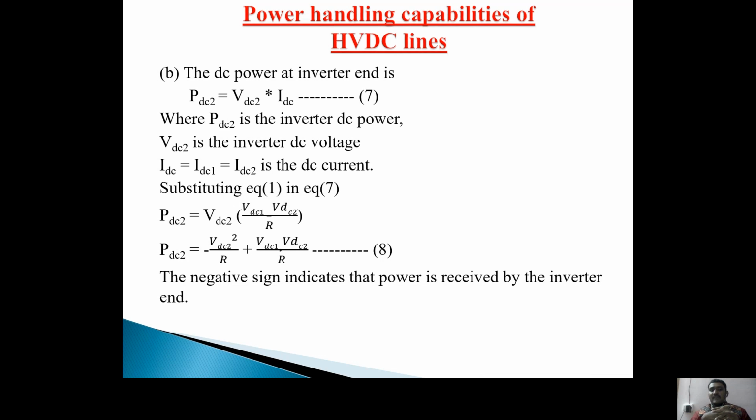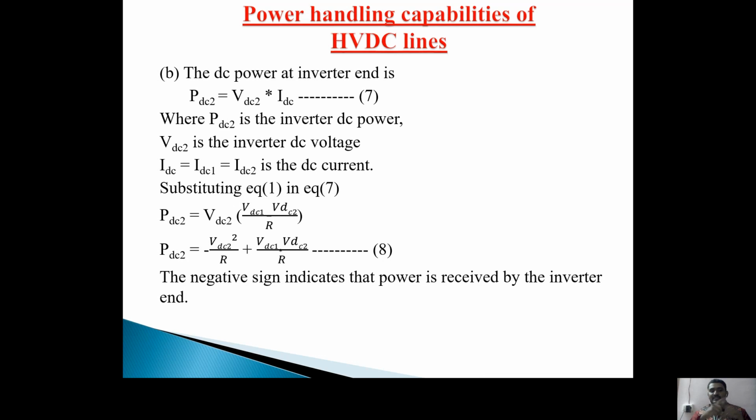In that equation we have to substitute the IDC value, that is IDC is equal to (VDC1 minus VDC2) by R. So PDC2 is equal to VDC2 into (VDC1 minus VDC2) by R. After substituting and simplifying, PDC2 is equal to minus VDC2 square by R plus VDC1 into VDC2 by R. Treat this equation as equation number 8.